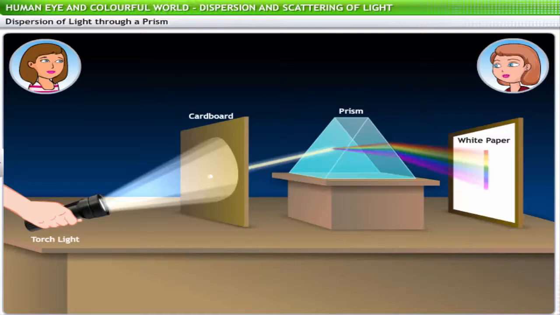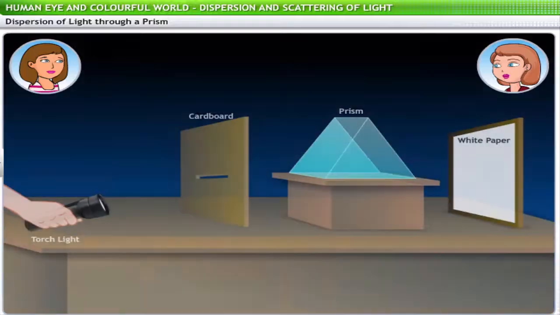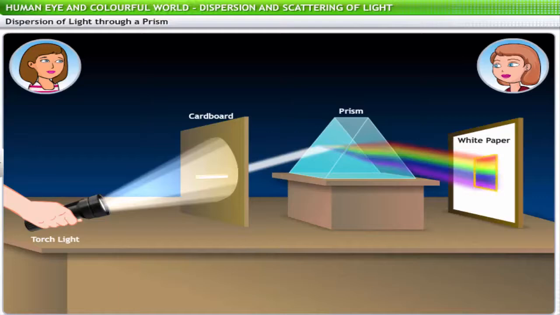We can create bands too. Suppose you replace the cardboard having a small pinhole with the cardboard having a horizontal slit, that is, an extended light source. The vertical strip of colors you just saw expands to bring out bands of colors similar to a rainbow. There! Doesn't that look like a tiny rainbow?